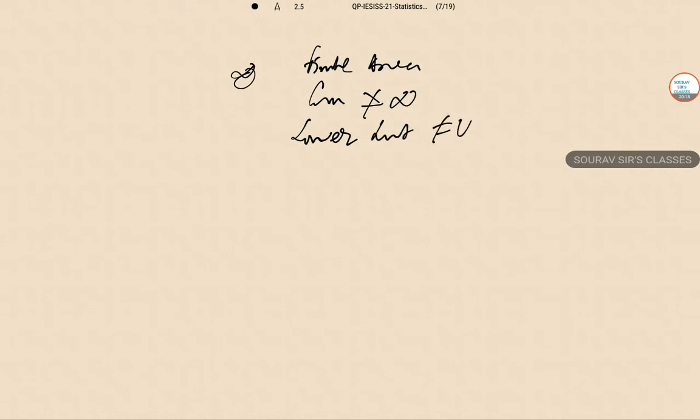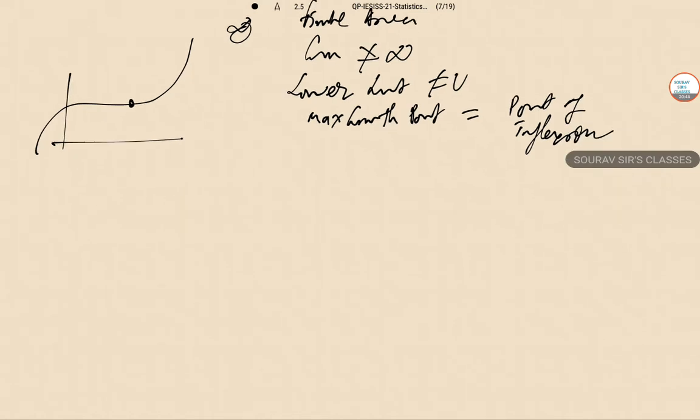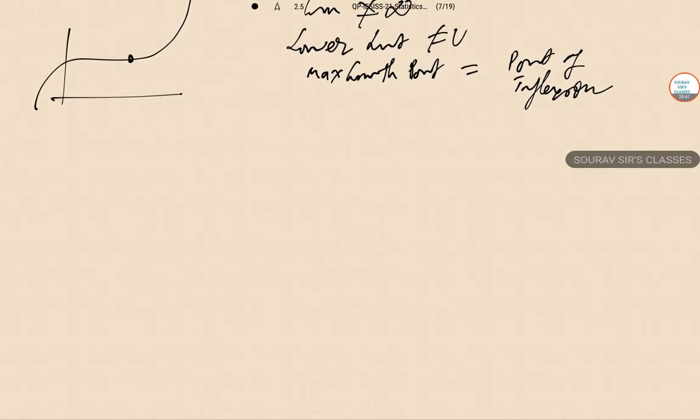And yes, the point of maximum rate of growth is the point of inflection. So point of inflection means where the curve changes from concave to convex. So the point of maximum growth equals the point of inflection of the population growth. The expansion of the curve, the derivation, is pretty easy.